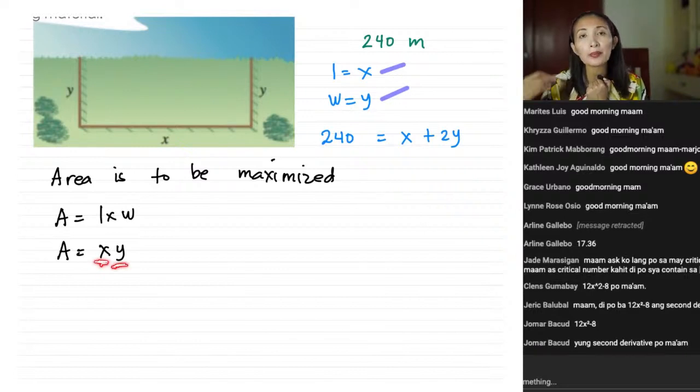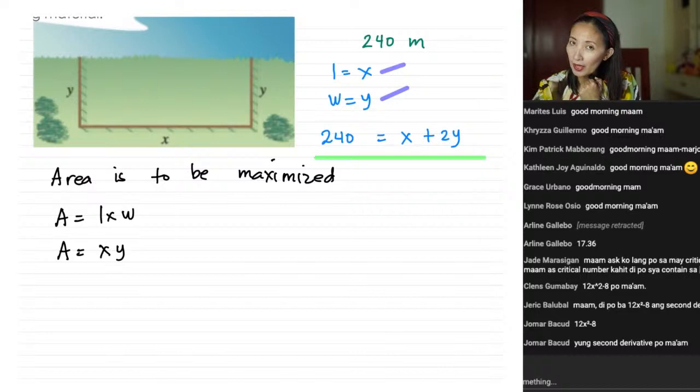From where? From the given. Okay? And the relationship between and among the unknowns and knowns. We have one equation that we were able to set up a while ago, which gives the fencing material perimeter. So from here, I could express y in terms of x.